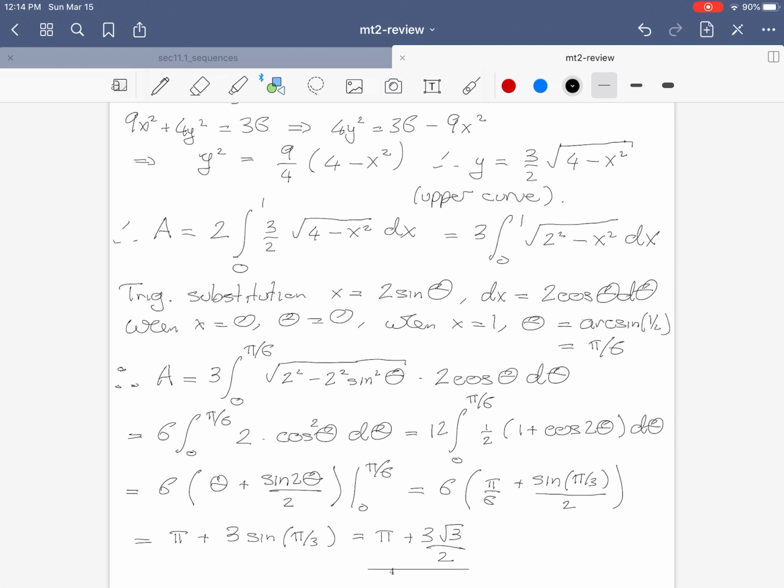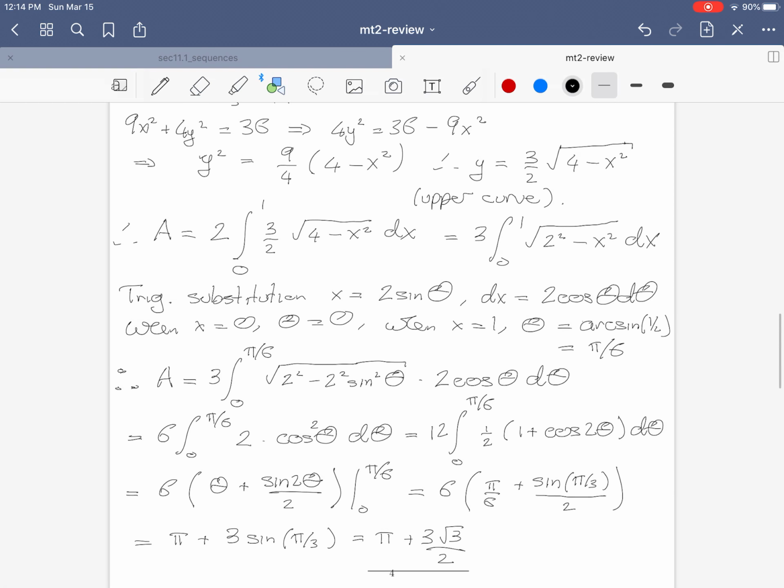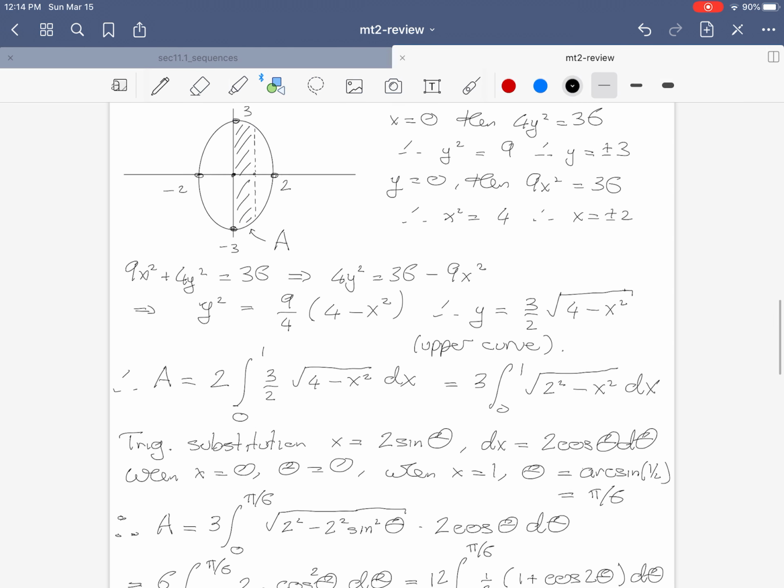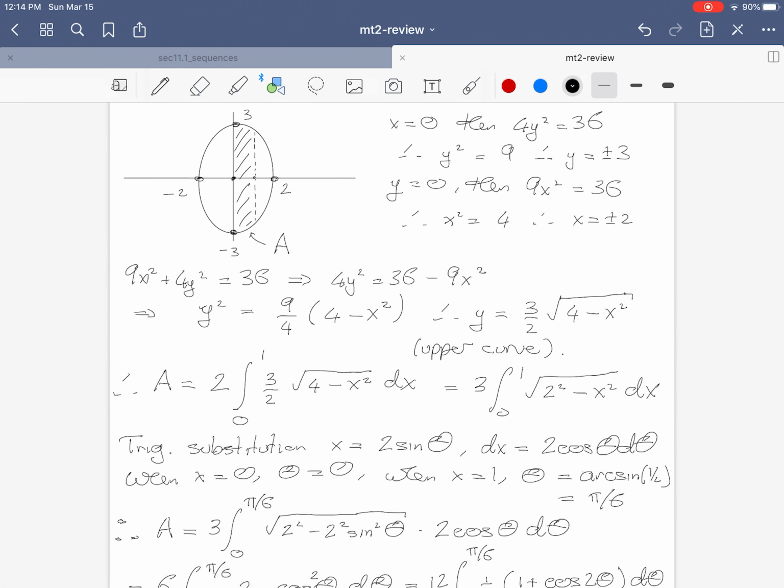Okay, so the key thing to take away from this question, there are several components. So first of all, rewriting the area as we did here as an integral.